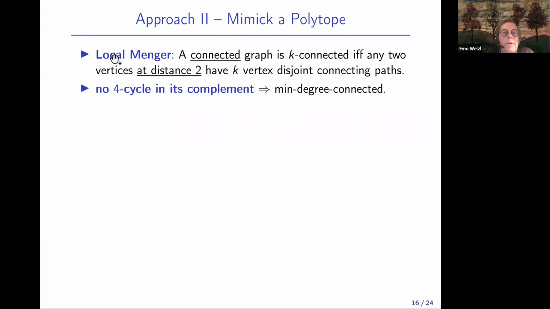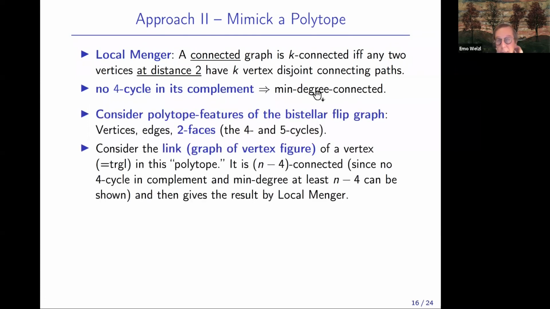So remember, we have the local lemma, and we know that no 4-cycle in the complement gives min degree connected. So what we do is we look at our graph, the bistellar flip graph, and we look at polytope features, let me call it this way, of this flip graph. So what do we have?